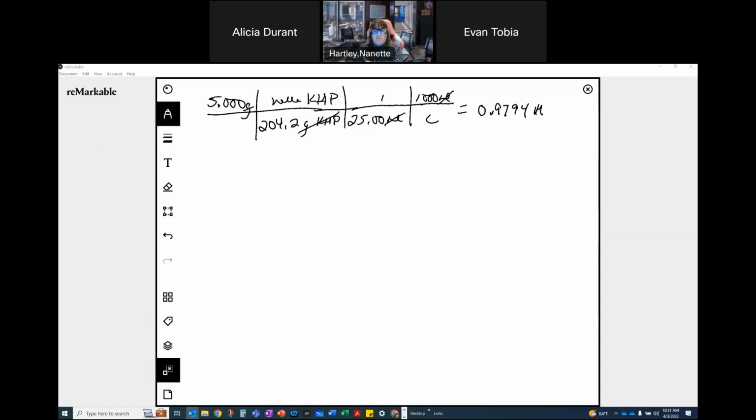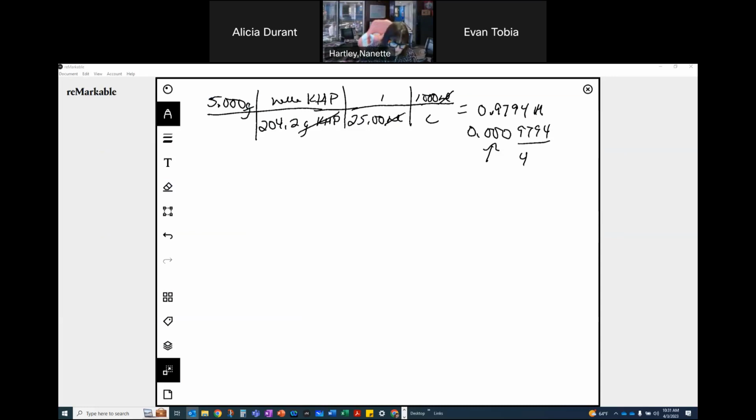If zeros are at the end of the number, they count. If they're at the beginning, like if this was 0.0009794, this is still 4 sig figs because those go away if I put it into scientific notation. That's the rule I use: if I ask my calculator what this is in scientific notation, then whatever's left is what counts.